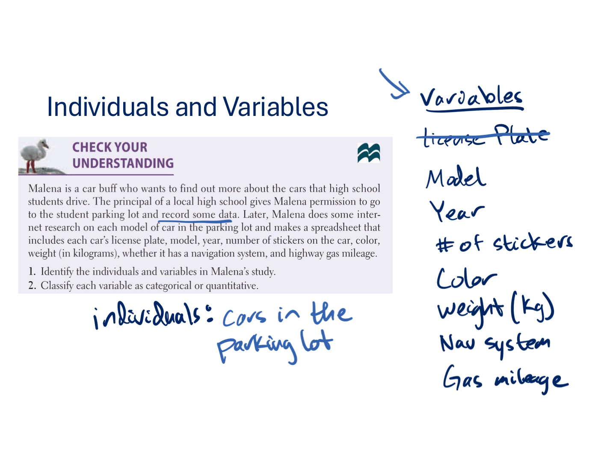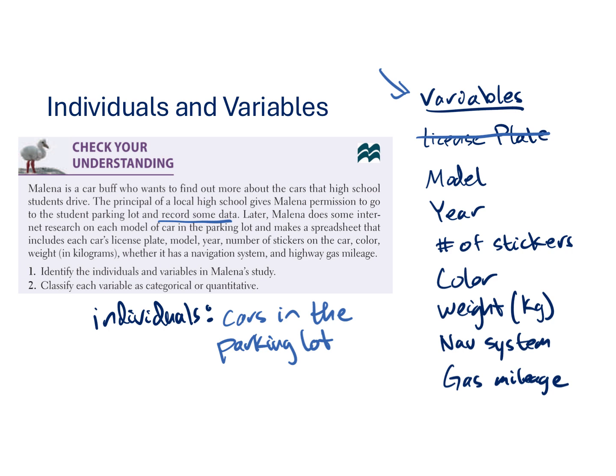We tend to think with variables, sometimes you can have the same thing for different cars. These other 7 things, though, these are our different variables. So we've got model, year, number of stickers, color, weight in kilograms, navigation system, and highway gas mileage.